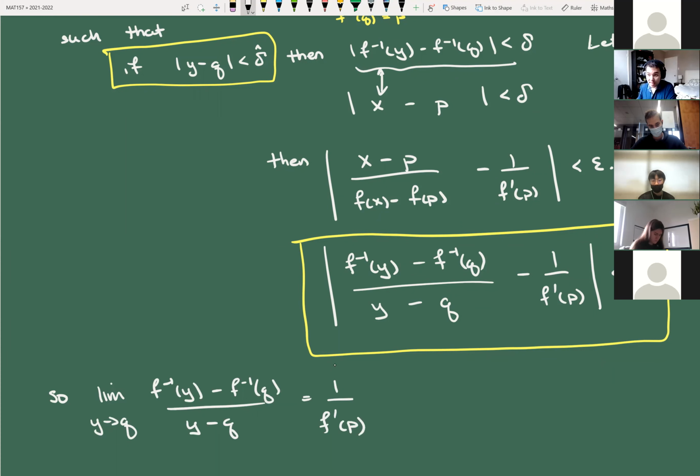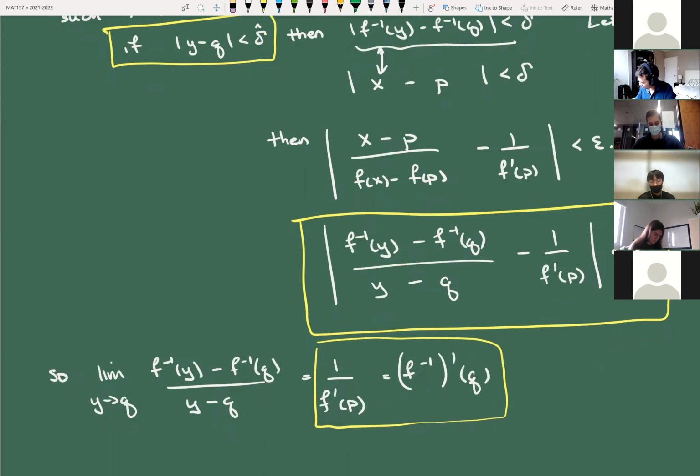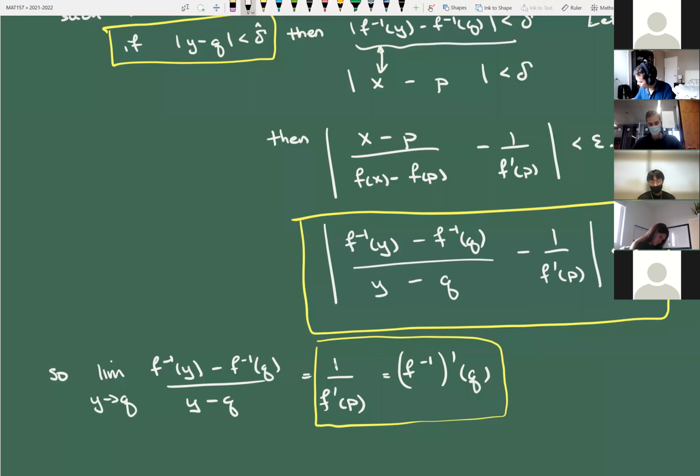But if you look at this difference quotient, that is exactly the derivative at q. So this is the formula that I was trying to prove. And because there is no 0 less than here, it actually says that not only does this limit exist, but this limit is actually continuous. And that's what I wanted to prove.